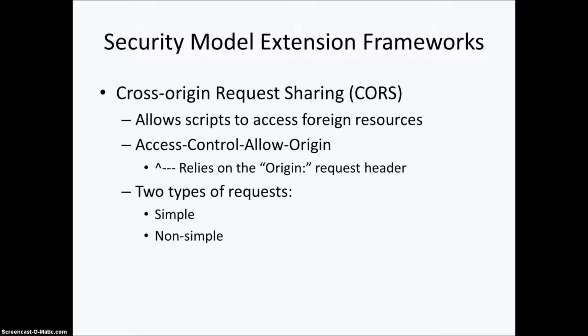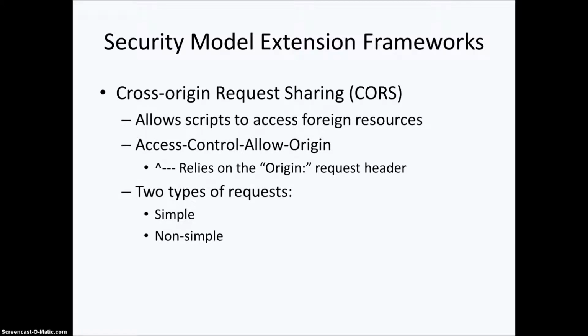That header actually relies entirely on a mandatory Origin header, which is issued by the XMLHttpRequest API from the client. There are two types of requests that API can make. One is called simple, one is called non-simple. In order to qualify as a simple request, the request must be using GET, POST, or HEAD.